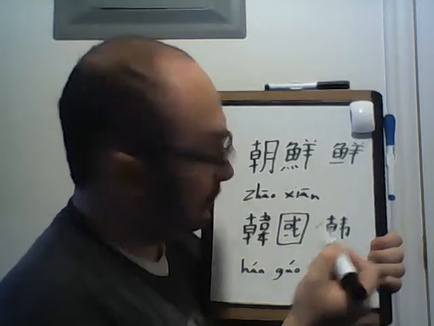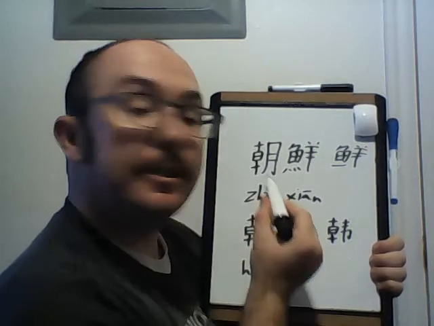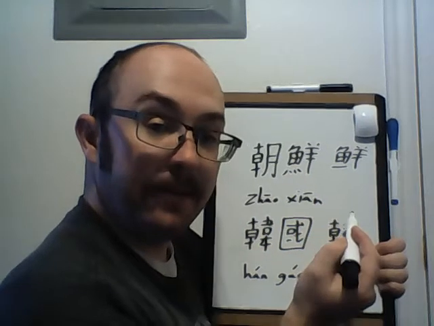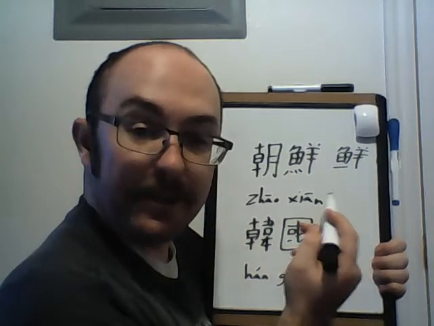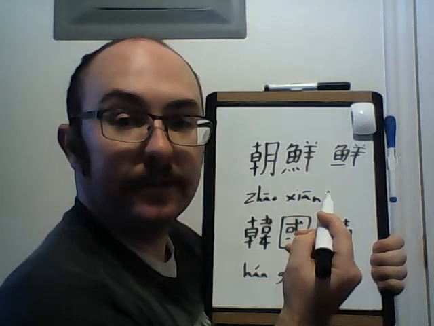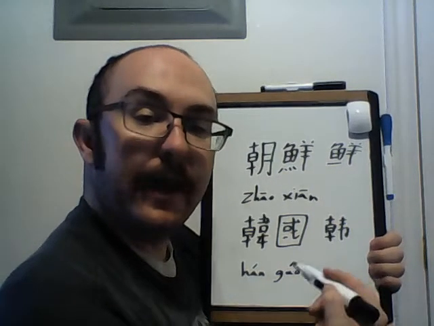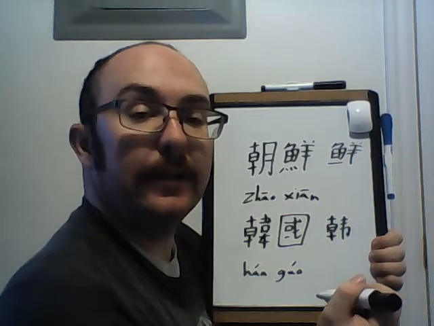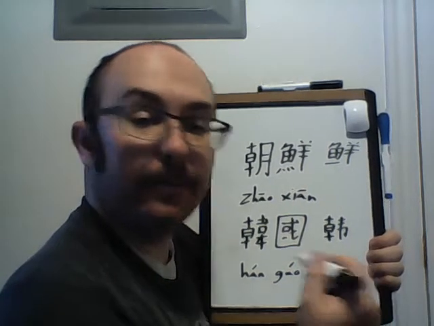But so anyway, Zhaoxian is North Korea, or as it likes to call itself, the Democratic People's Republic of Korea. And this is Hanguo, or Nanhan, South Korea, or the Republic of Korea.